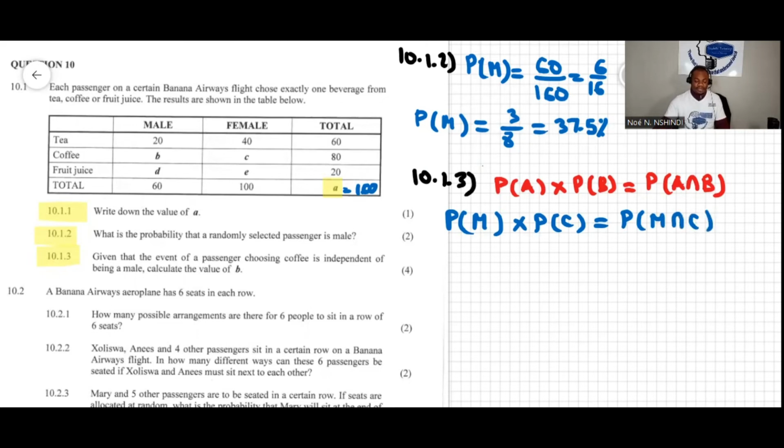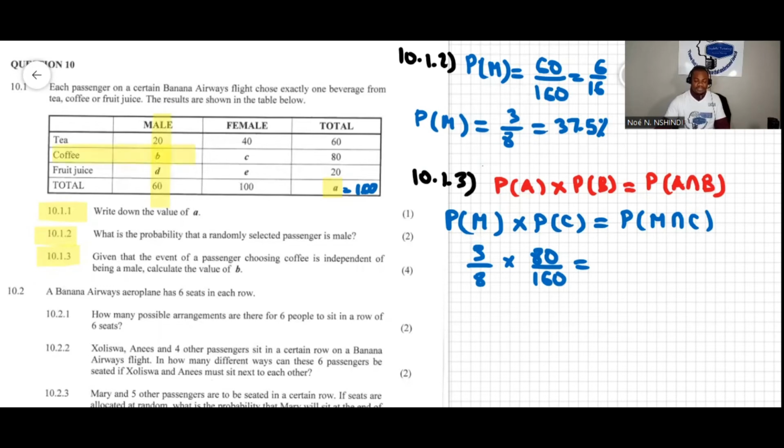Now the probability of male is, as we've seen earlier, 3 over 8, because it's 60 over 160, times the probability of having coffee. Coffee here is equal to 80, so it's 80 over 160, which is a half. This equals the probability of male and coffee. Male is here, so we have this column and this row.